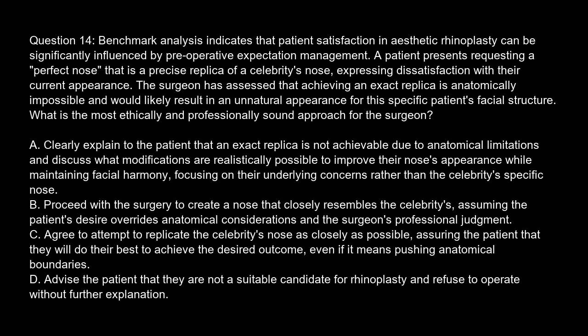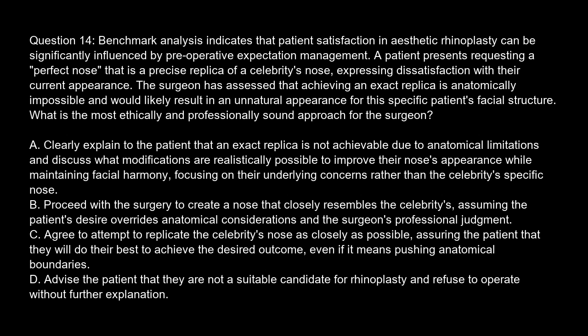Option A. Clearly explain to the patient that an exact replica is not achievable due to anatomical limitations, and discuss what modifications are realistically possible to improve their nose's appearance while maintaining facial harmony, focusing on their underlying concerns rather than the celebrity's specific nose. Option B. Proceed with the surgery to create a nose that closely resembles the celebrity's, assuming the patient's desire overrides anatomical considerations and the surgeon's professional judgment.